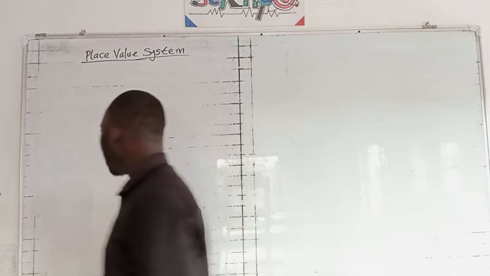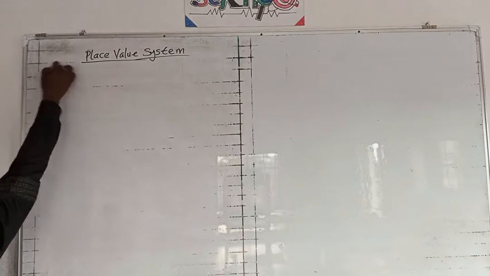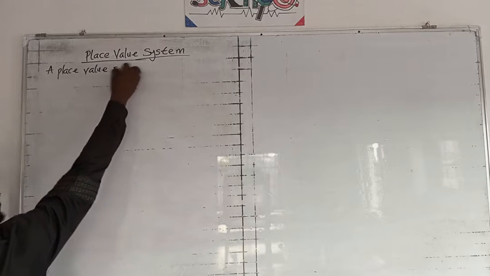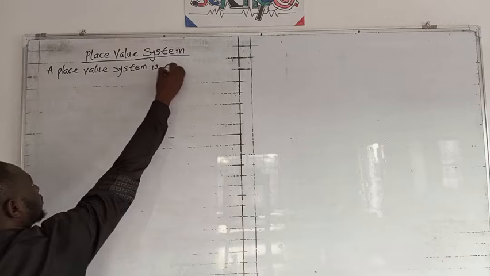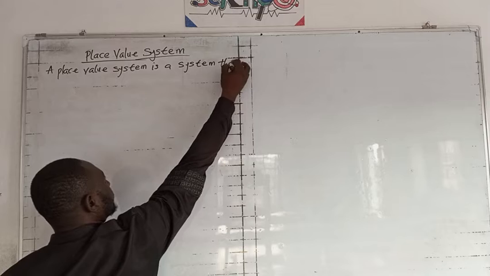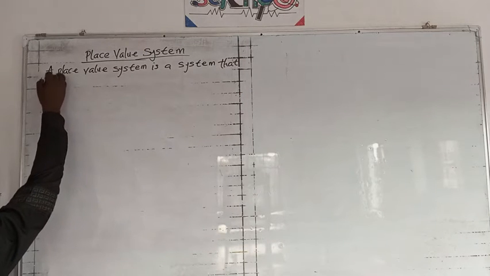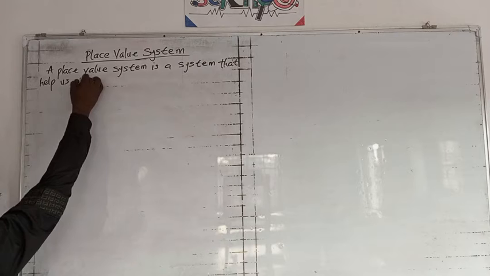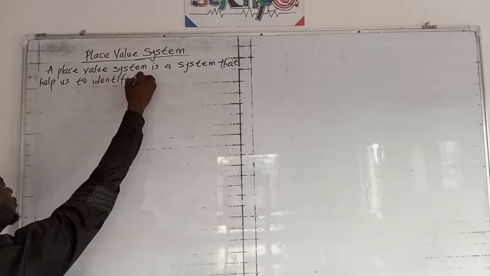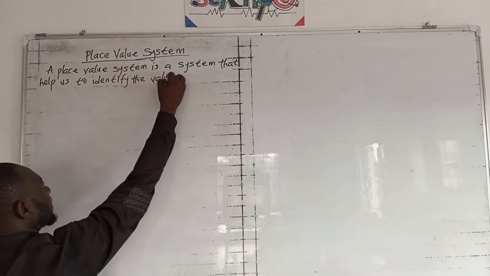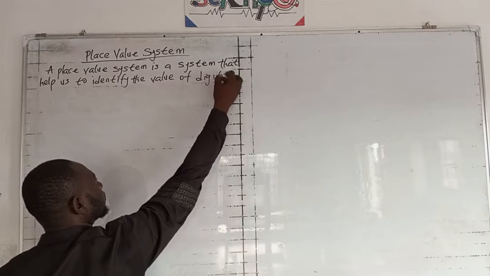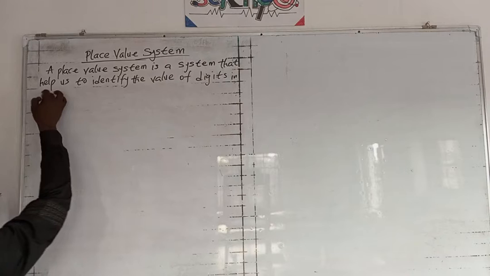Now, I can simply say that a place value system is a system that helps us to identify the value of digits in a number.